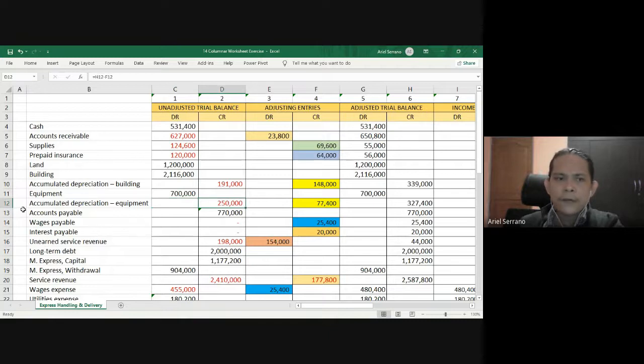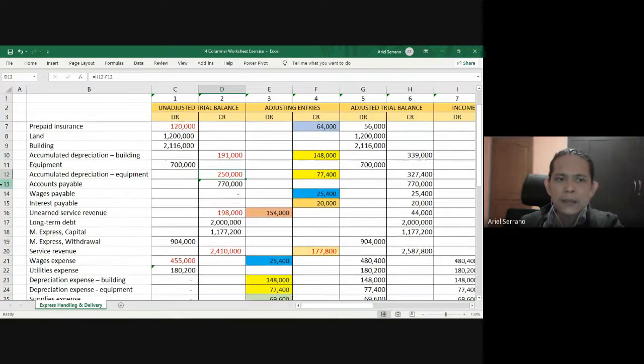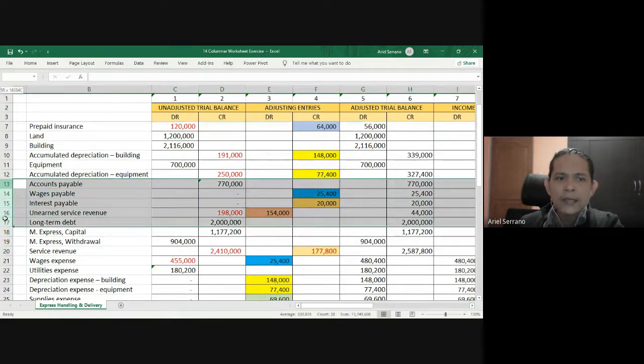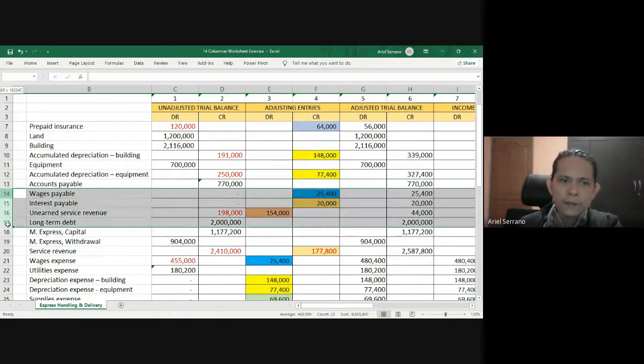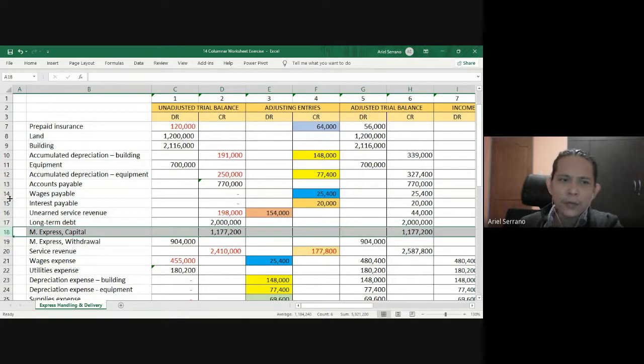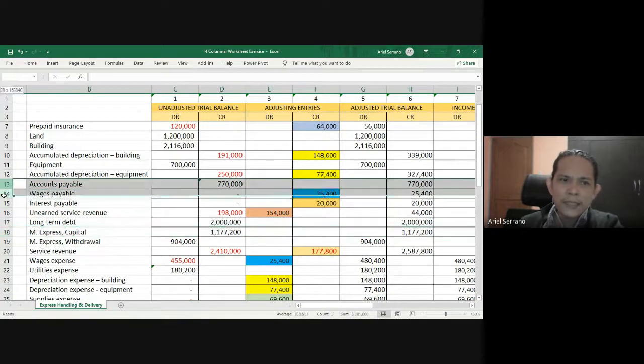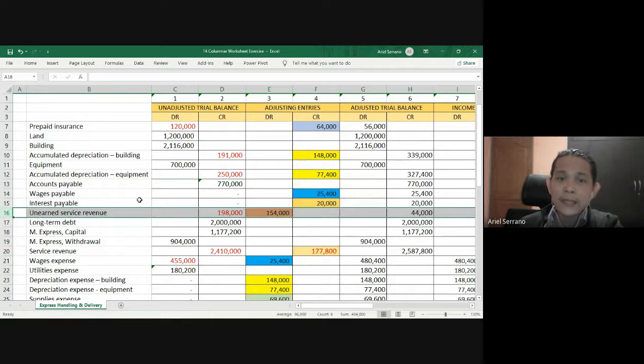Okay? Now for liabilities, credit plus credit. Liabilities, capital, and income, of course, with the exception of your withdrawal account. You have to organize them according to their normal balances. Liabilities and equity, the normal balance is credit.